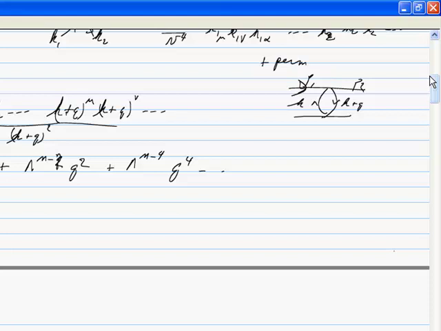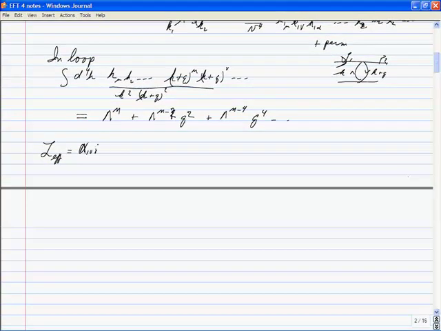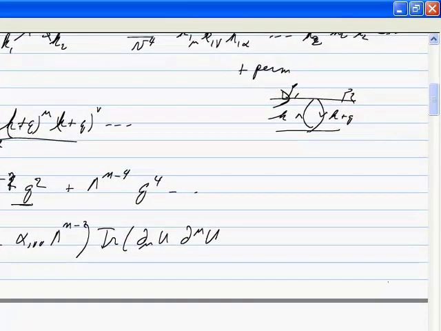Well, this looks like a problem now for us, because if we try to write out the effective Lagrangian that comes out of this, there'd be alpha 100 lambda to the n, and the terms that go like q squared would go into an effective Lagrangian with two derivatives, so it'd be v squared over 4 plus alpha 100 lambda to the n minus 2, whatever that was, times trace of d mu u dagger.